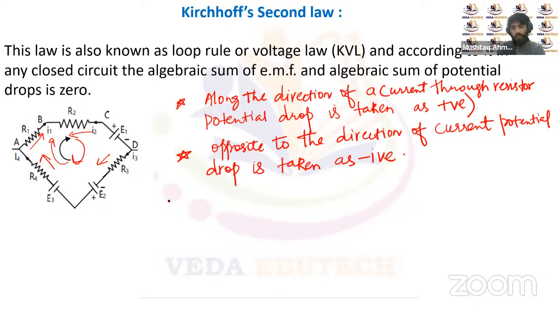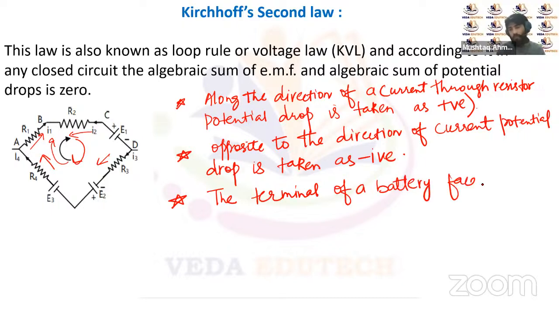And one more important convention is that if you are passing through a battery or EMF, the terminal of the battery faced first will be used for the convention.